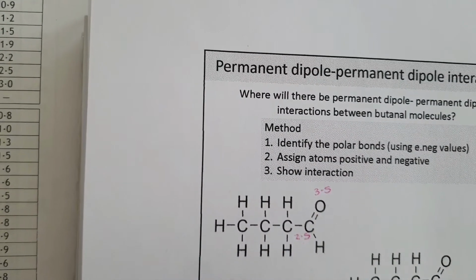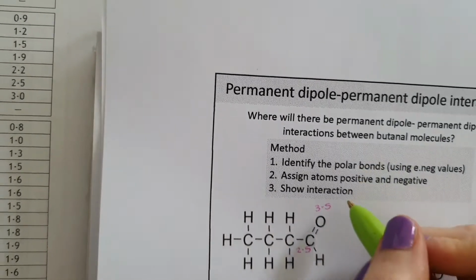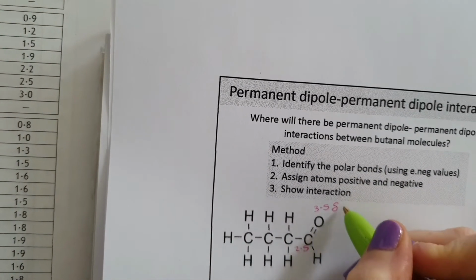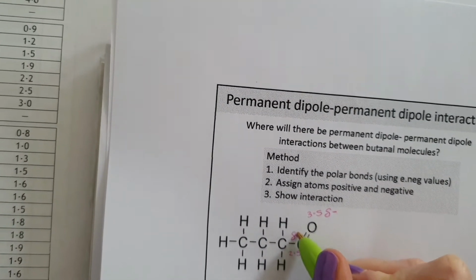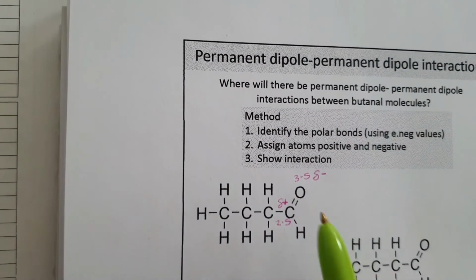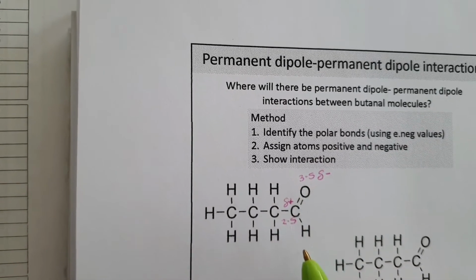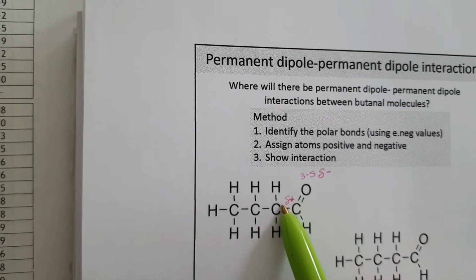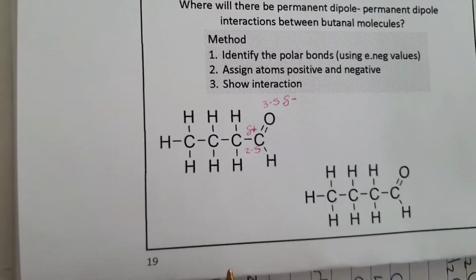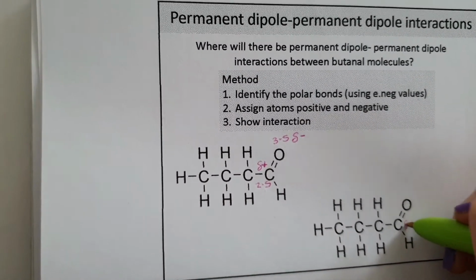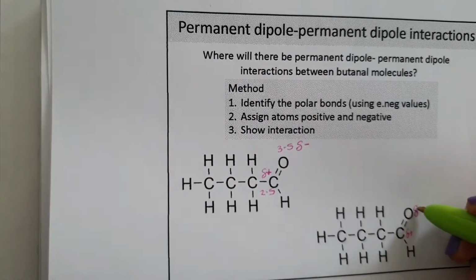Now we'll put in my negative and positive values. So my oxygen slightly negative, carbon slightly positive. As long as it's as close to it as possible. You do not need the numbers, but you do need those little signs. Now, it will be the exact same over on the other molecule. Again, can put it in if that's helpful.